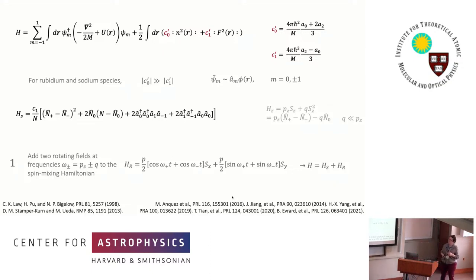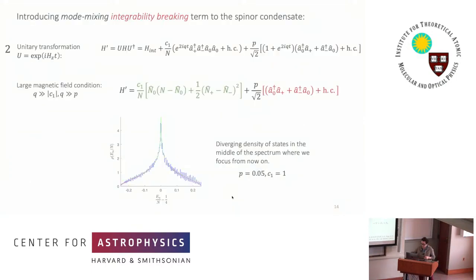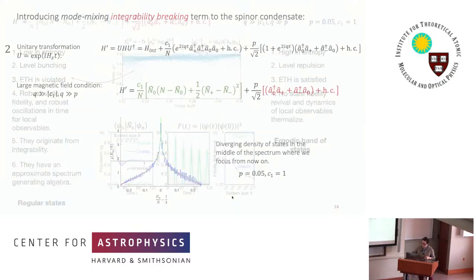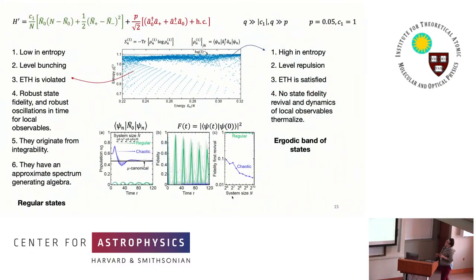It's very famous in the community of spinor condensates, but it's an integrable model. And we want chaos, so we're going to break the integrability. And I won't show all these details. In the end, what we end up with is this simple Hamiltonian here. The green part is the density interactions, okay? And then the red part is the integrability breaking term, which is the mode mixing term.